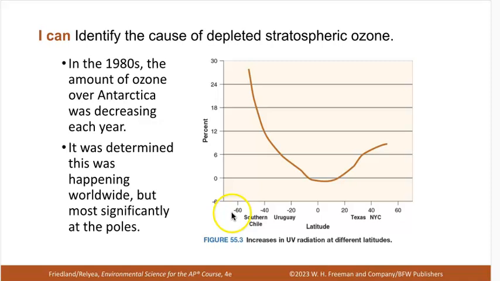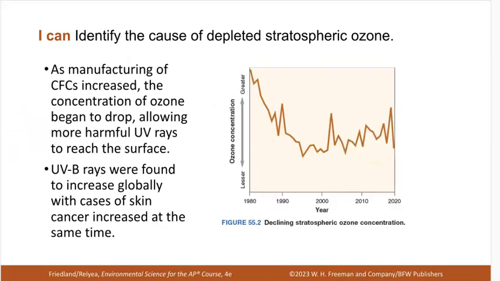So when you have a negative number here, that's a negative latitude, so that would be south. And so Antarctica has more ozone thinning, but the Arctic has some too. So the more that we manufacture CFCs, the concentration of ozone began to drop, which allows more harmful UV rays to reach the surface and ups our levels of skin cancer and other problems.